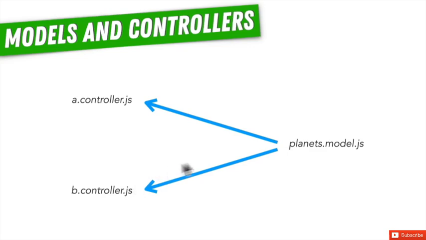That would be the example where our planets model might be used in a solar system controller and also in a launches or a missions controller. In either case, our models and controllers are not one-to-one.